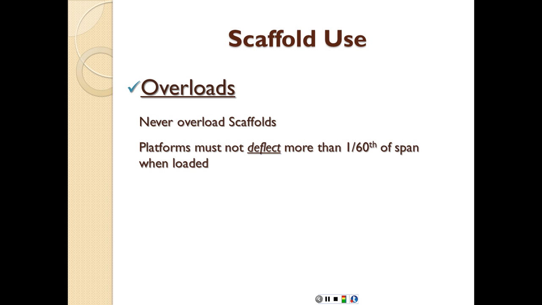If it sags or deflects more than 1/60 of the span, so if the span, for example, is 60 feet, which is very rare, just for the sake of illustration, the sag should not exceed 1 foot, and that's going to be a very big sag. If it's 10 feet, for example, which is a very normal span for a scaffold, it should not exceed 1/6 of a foot, which is basically 2 inches.